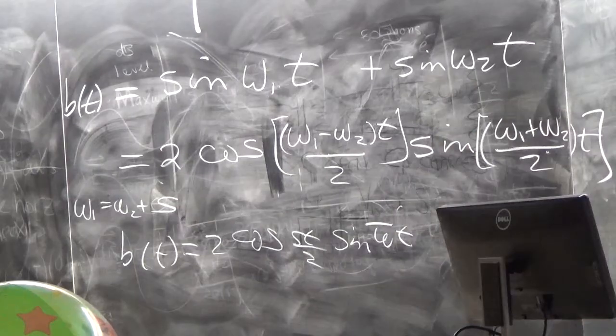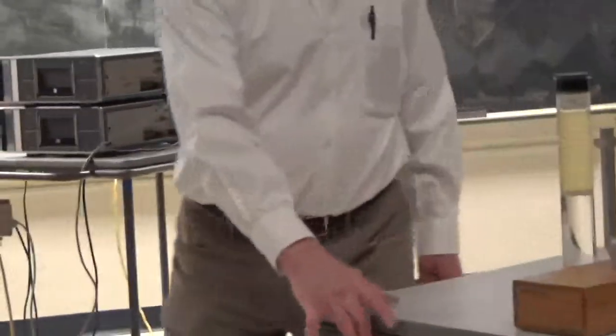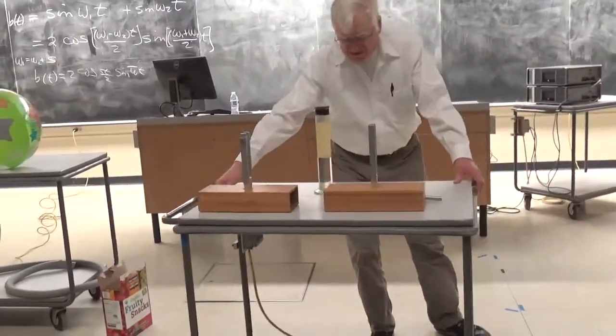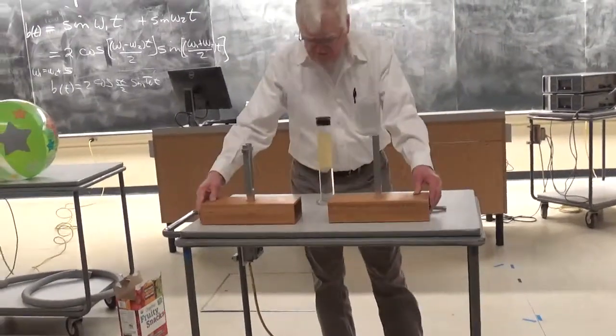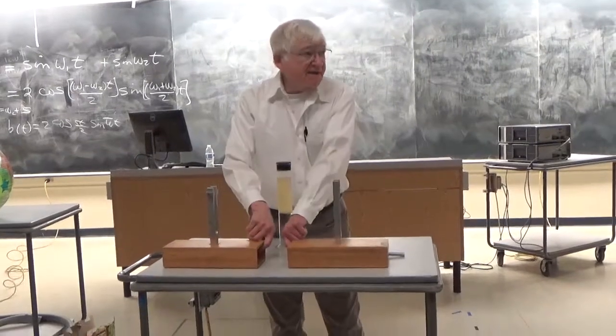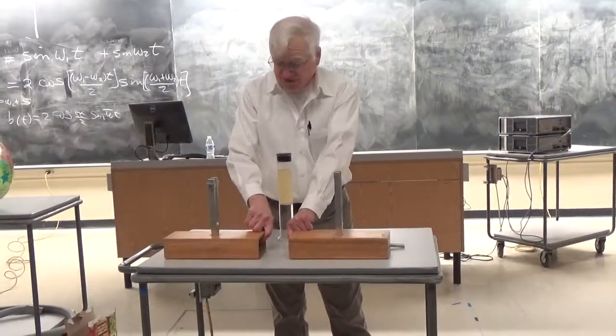So we can see that, or rather we can hear that in two demos here. This is one of them. Here I can move it closer to the students. Now what we've got are two hollow boxes with open ends, and so they act as resonators.